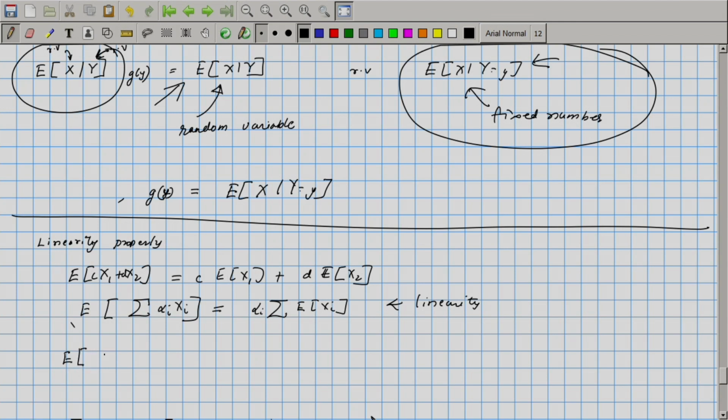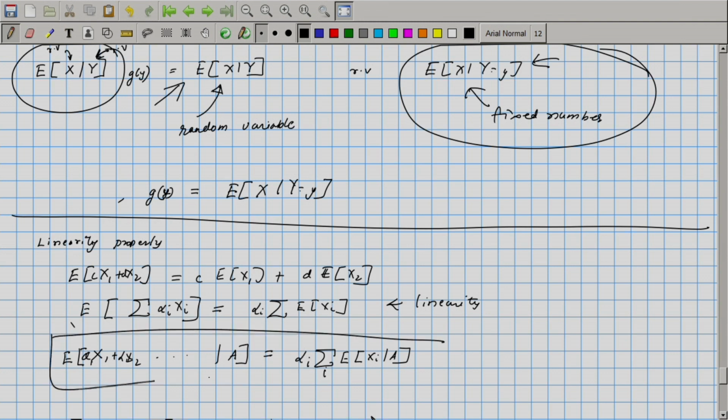So, the conditional expectation of X1 plus X2 and so on given an event A is the same as the summation over i of expectation of Xi given A. If you had constants, say alpha 1, alpha 2, you could have alpha i here as well. So, this is basically the linearity of conditional expectations.